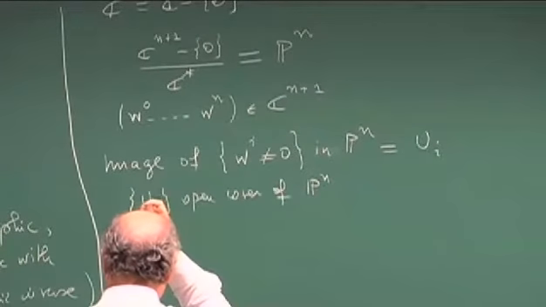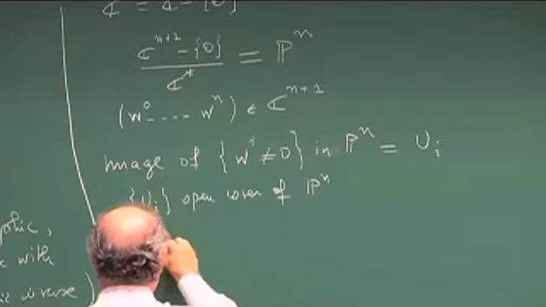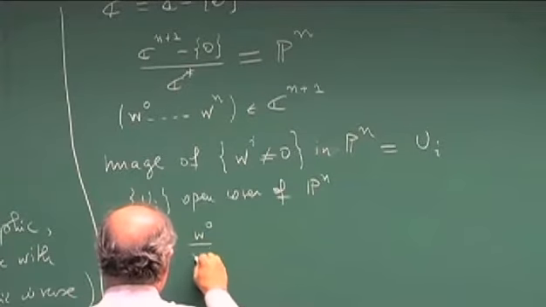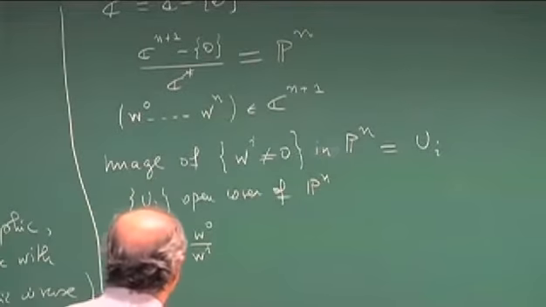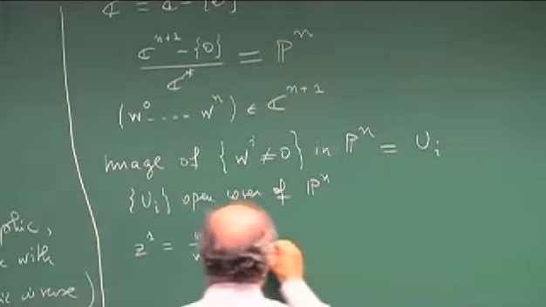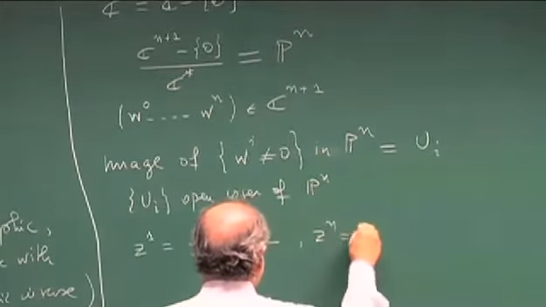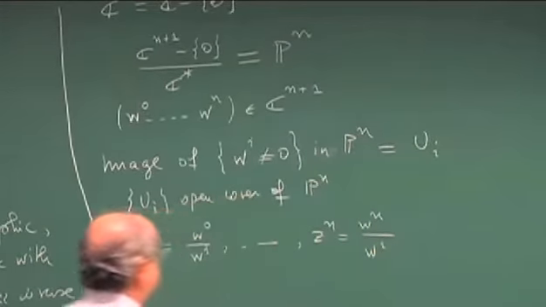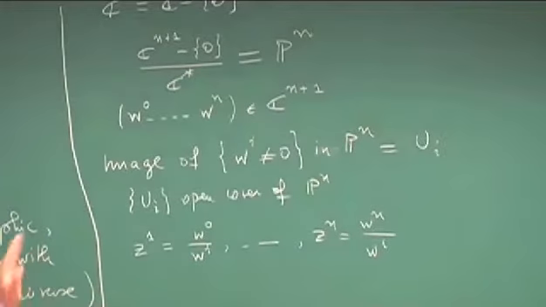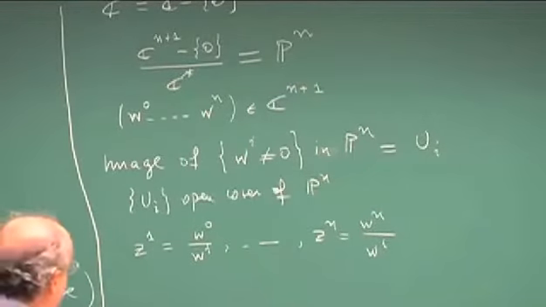Z_1, ..., Z_n. So Z_1 is W_0 over W_i, all the way to Z_n, which is W_n over W_i, omitting, of course, W_i in this list as a possible numerator. Okay?